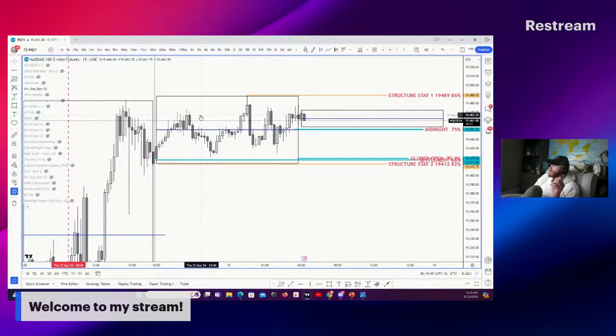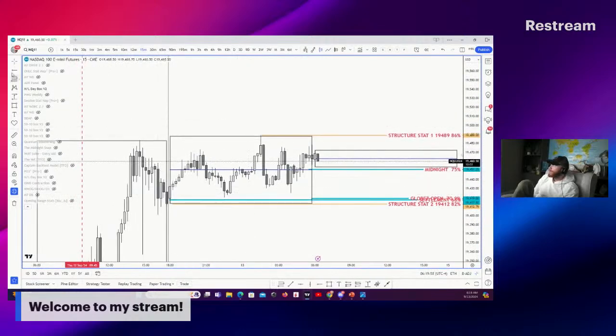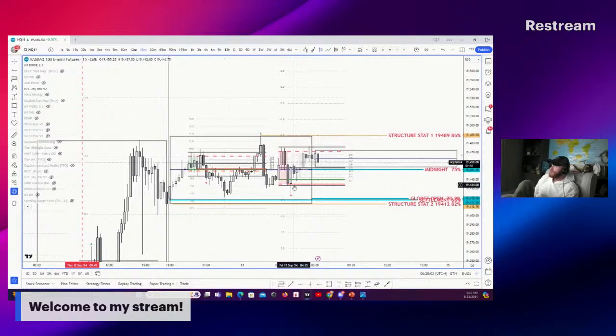If you're a DR-based trader, you're going to base it off of your DR, ADR, and ODR. If you're an auction theory trader, you should be basing it off of your Globex value area high, value area low, and point of control.